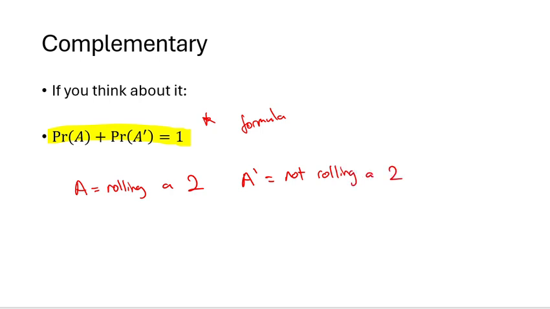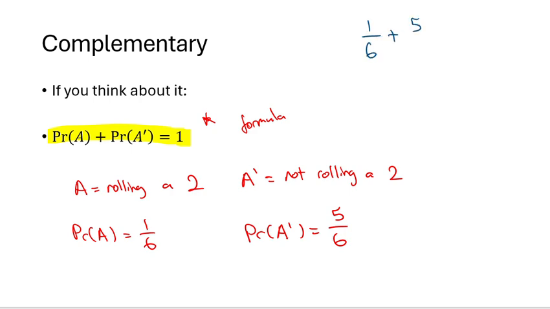So think about it like that. So we know P(R) of rolling a 2 is 1 over 6. And that means the probability of not rolling a 2 would be 5 out of 6. And if you put it together in the formula, it would just equal 1 whole.